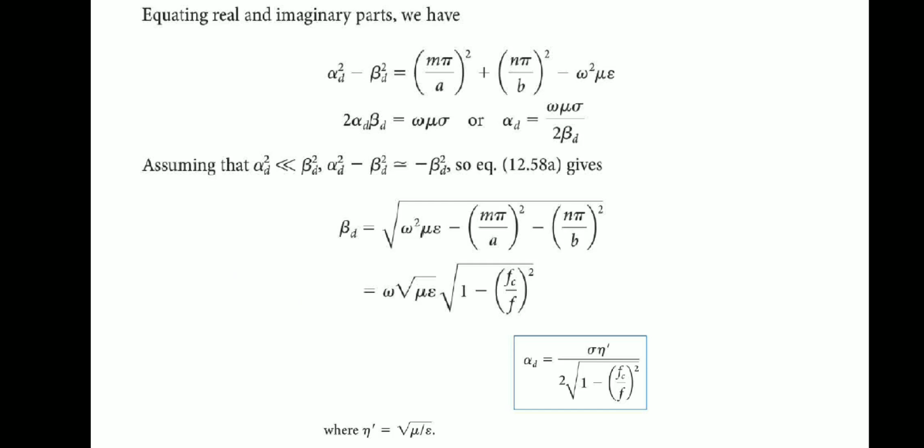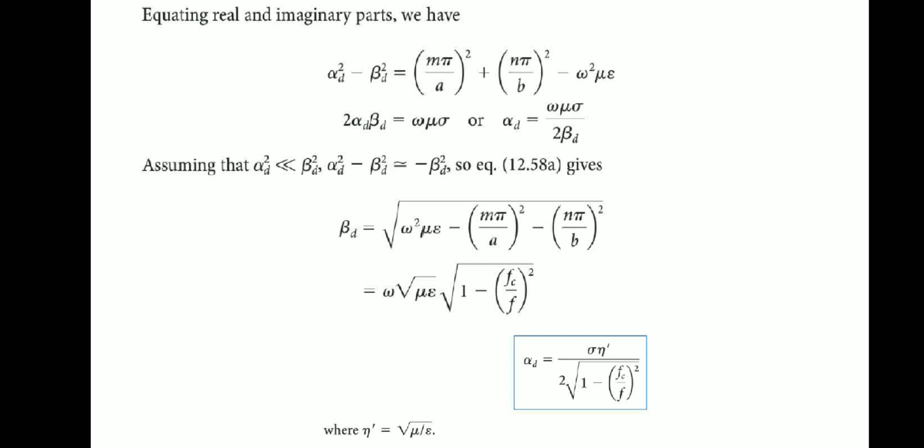So those are our two equations. From that, alpha d is omega mu sigma by 2 beta d.